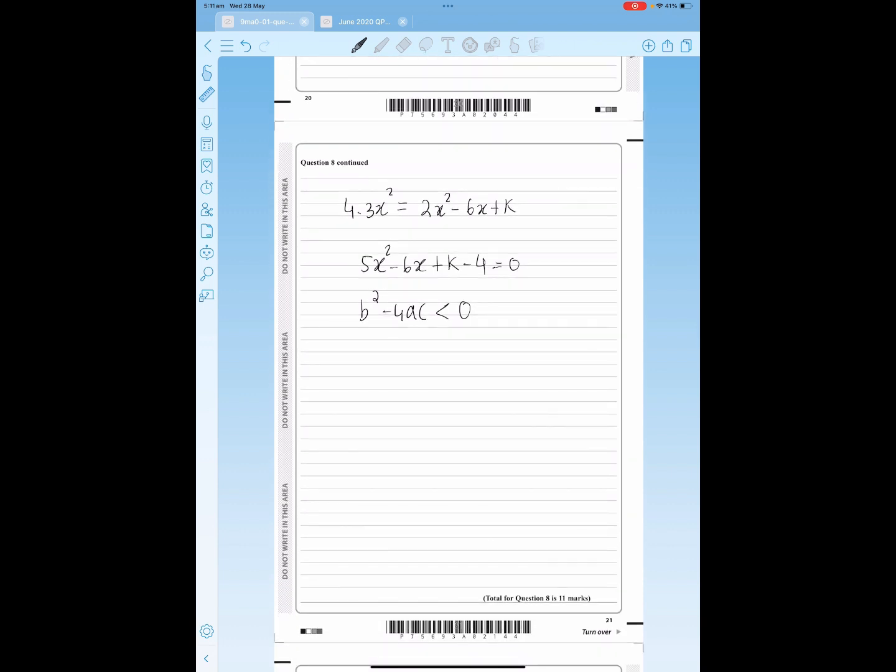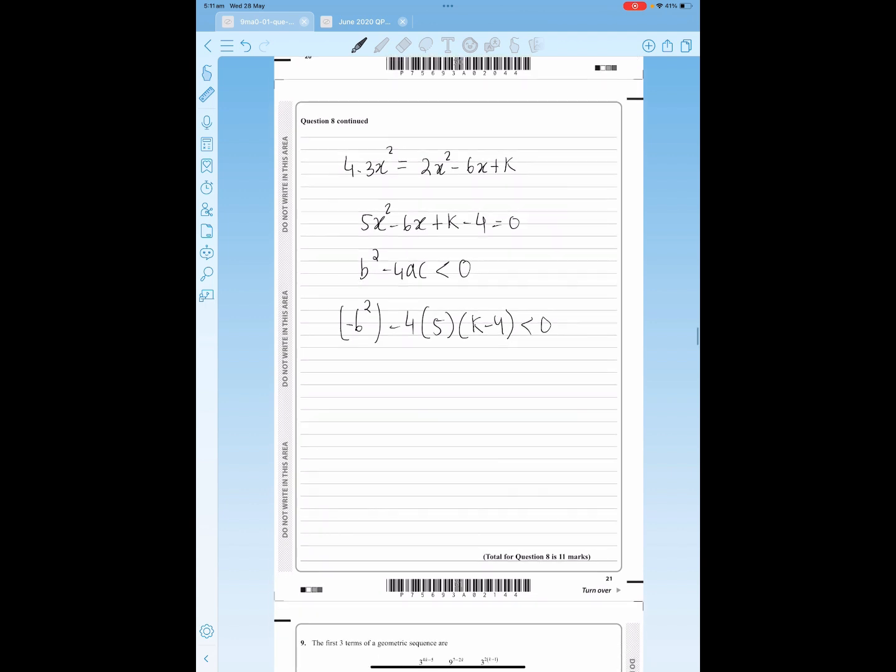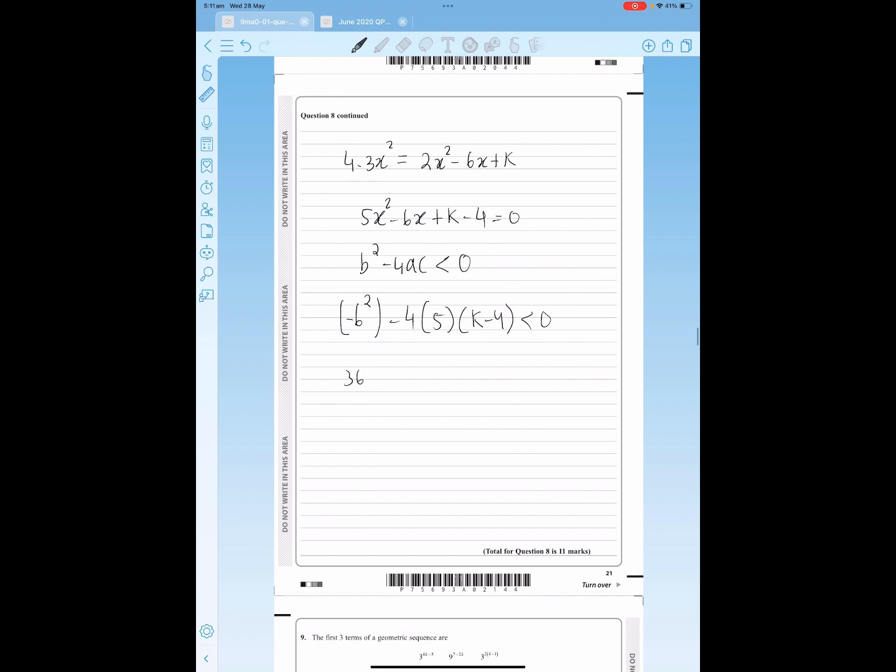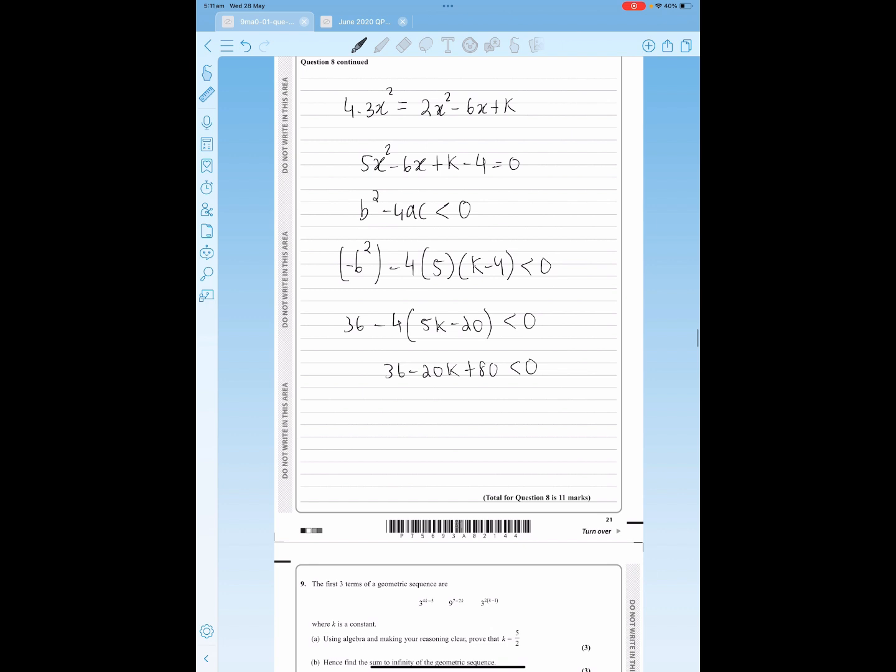So that would be minus 6 squared, 36, minus 4 times 5 times (k minus 4) to be less than 0. So 36 minus 4 times (5k minus 20) less than 0. 36 minus 20k plus 80 is less than 0.